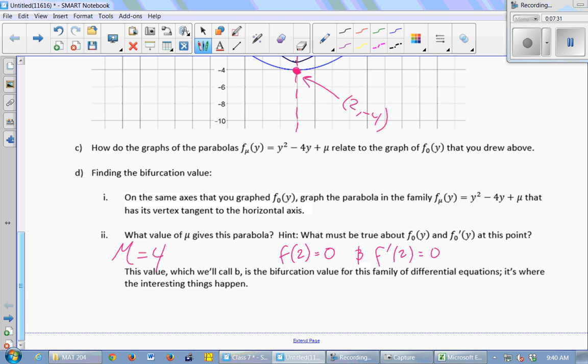We call that bifurcation value 4. In this case it's 4, but in general we call it b for the bifurcation value. That's where interesting things happen: the fundamental way the solutions look changes at that value of the parameter.